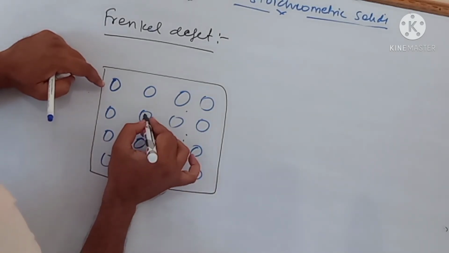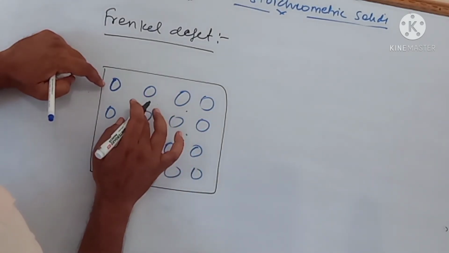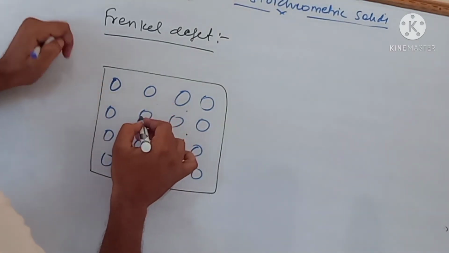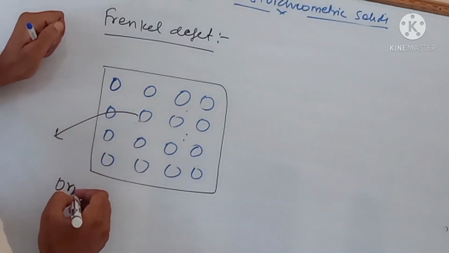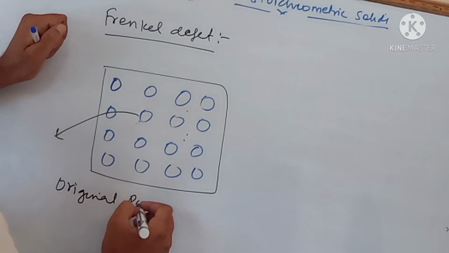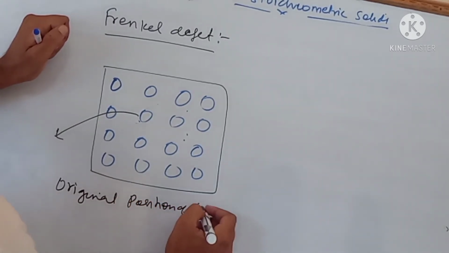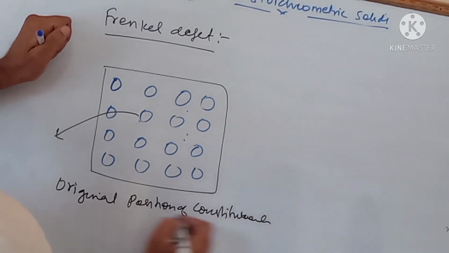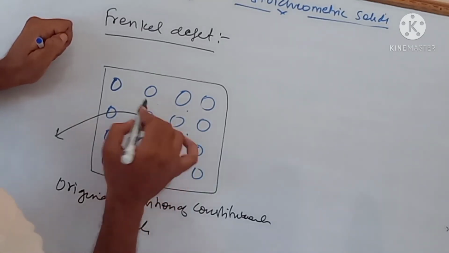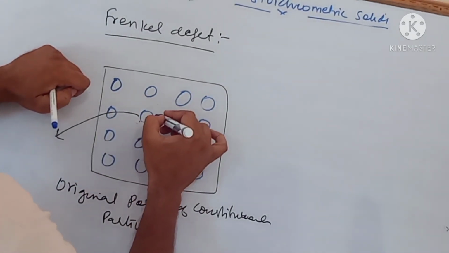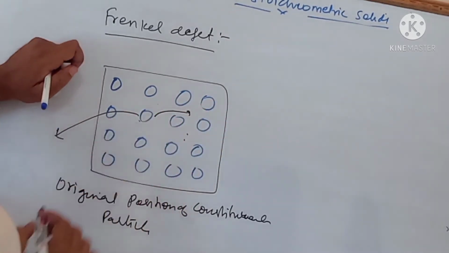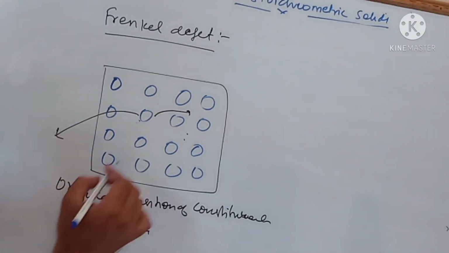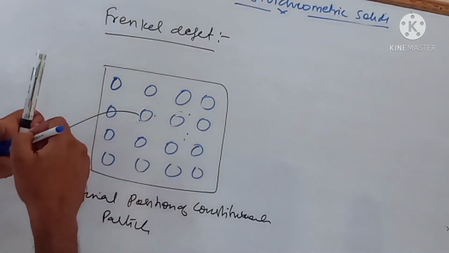So number one, these are the constituent particles at the normal position, the original position. Now in some conditions it comes here. This unit cell or constituent particle deviates from its normal or original position to here.